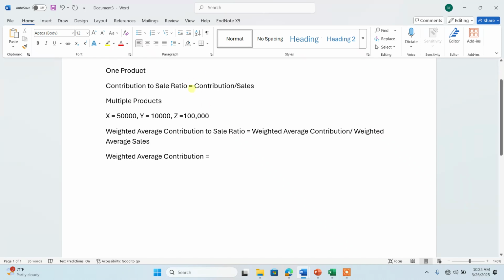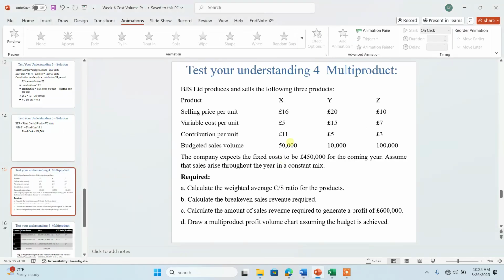In a single product, you just subtract the variable cost from the sale price and you get the value of the contribution. In this case, we again do sale price minus variable cost, which we have already calculated here. You can see that sale minus variable cost is given as 11.